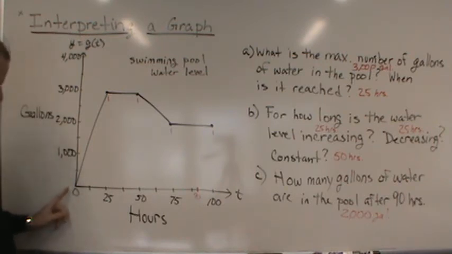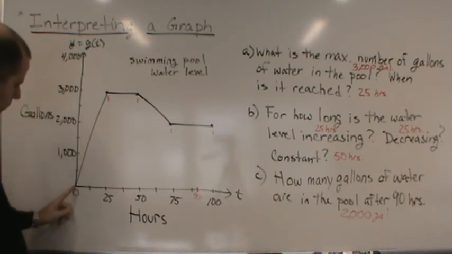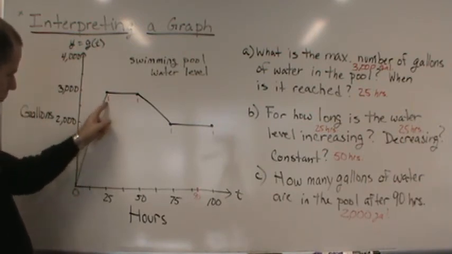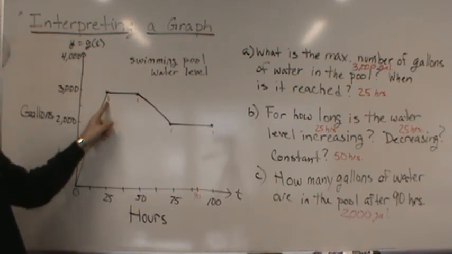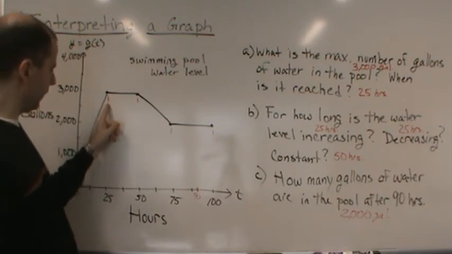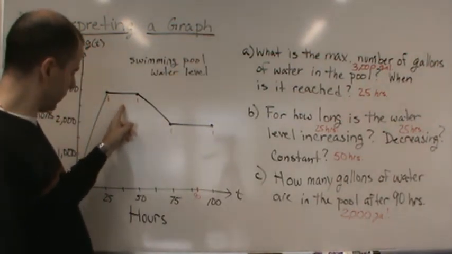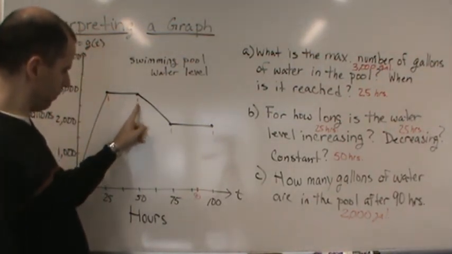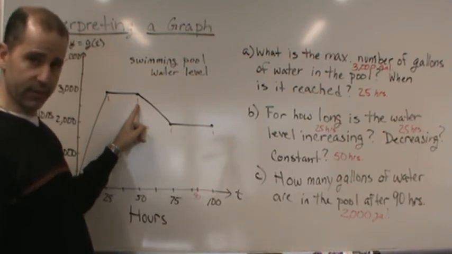And then they started filling up the pool. The first 25 hours, they filled up the pool. Then they stopped filling up the pool, so they reached the water level that I guess they wanted, and they just stopped. So then for the next 25 hours, the water level stays constant.